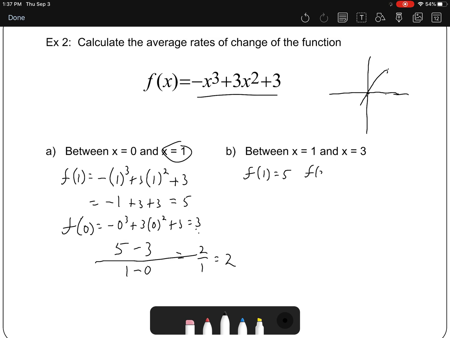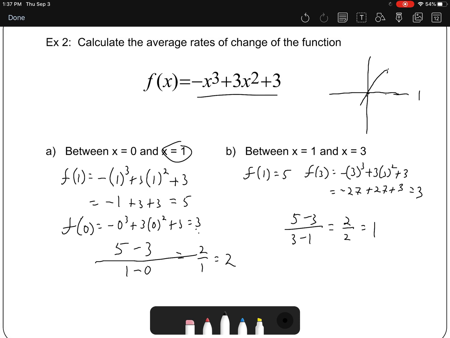Okay, we already know f of 1 was 5. So what's f of 3? Well, negative 3 cubed plus 3 squared plus 3 is negative 27 plus 27 plus 3, which is 3. So that's going to be 5 minus 3. Hey, it's going to be the same thing, isn't it? Nope. Because we're going to have 2 over 2, which is only 1. So it's going to start leveling off.